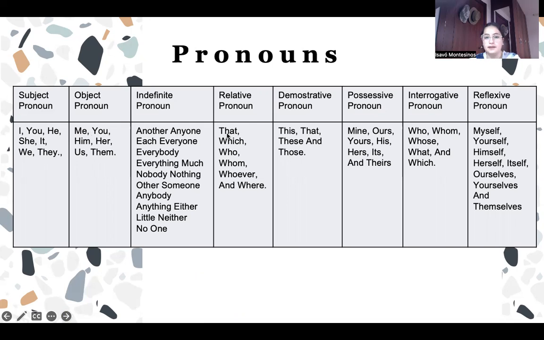Relative pronouns: that, which, who, whom, whoever, and where. Demonstrative pronouns: this, that, these, and those. Possessive pronouns: mine, ours, yours. Interrogative pronouns are basically the WH questions, and reflexive pronouns: myself, yourself, herself, itself, etc.